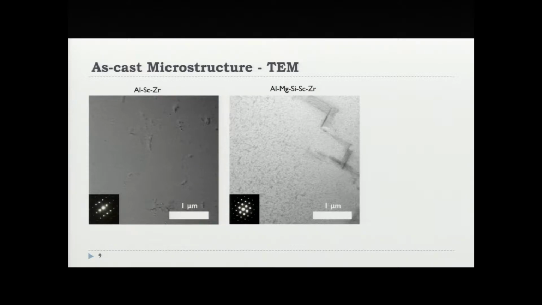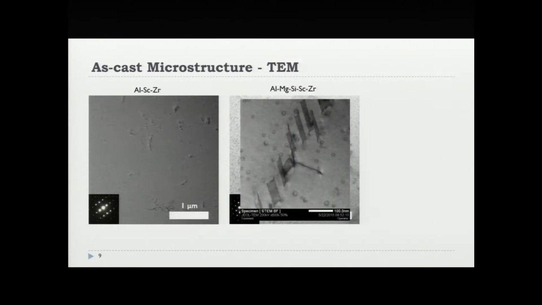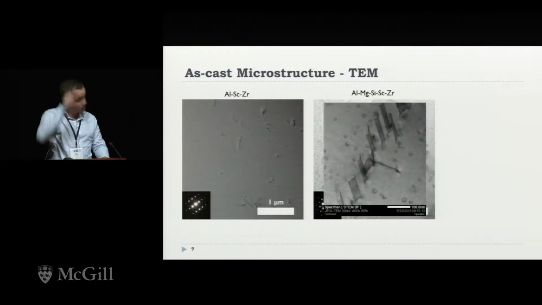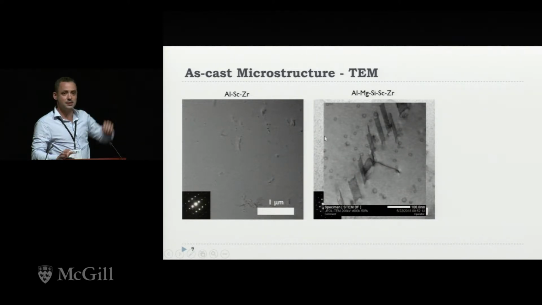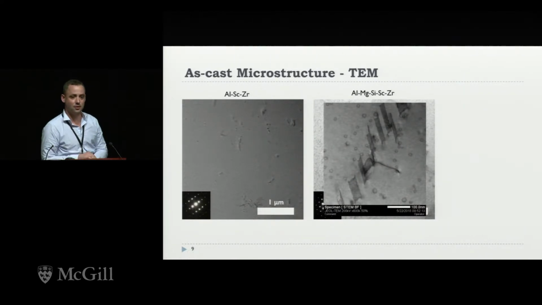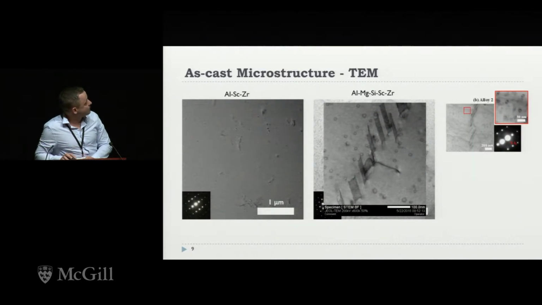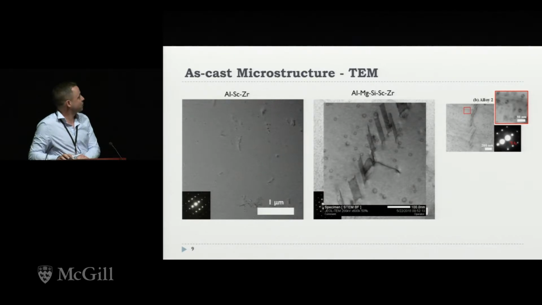In the center, you can see a fine distribution of dispersoids, looking at a bit higher magnification. Instead, we also have arrays of magnesium-silicon precipitates. And if you look at the diffraction pattern here, you can index the subreflection to an L1 2 microstructure.